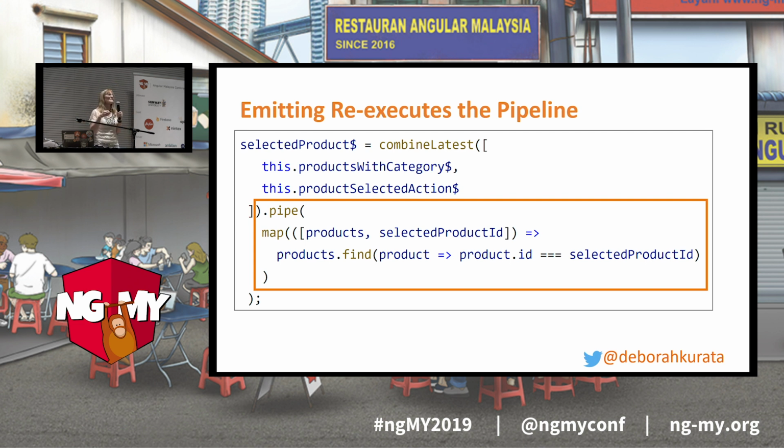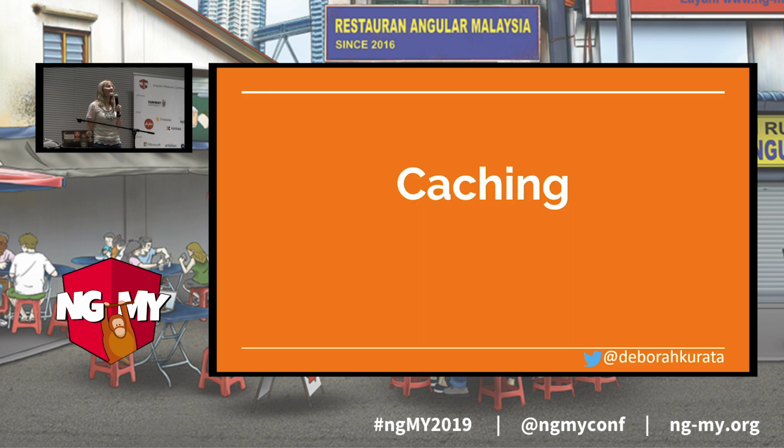It will then, if there's a property in the component that's associated with selected product, emit to the UI. And if we're using an async pipe, our UI will redisplay because we have on-push change detection set, and it will redisplay every time a new value is emitted to the async pipe. All right.